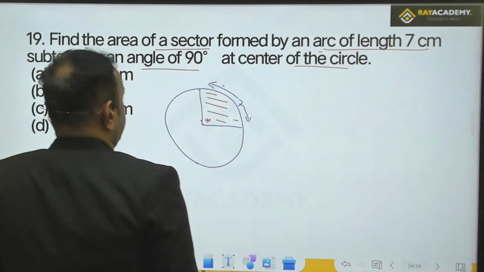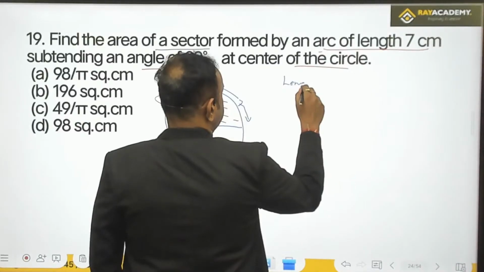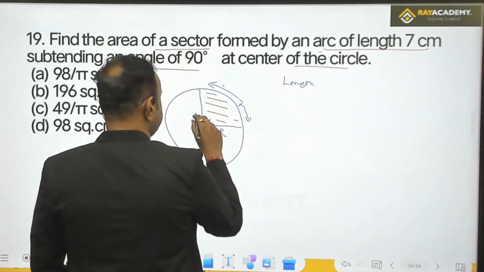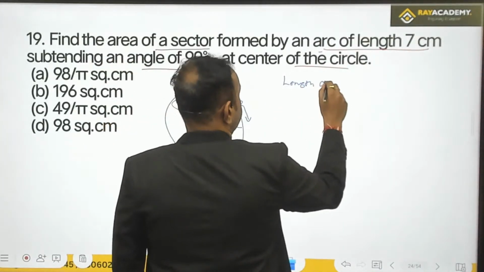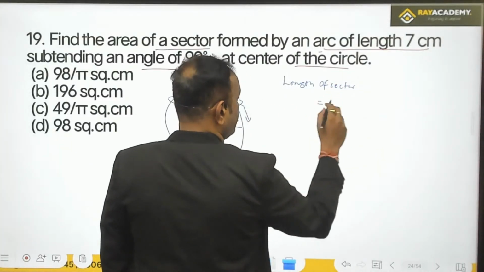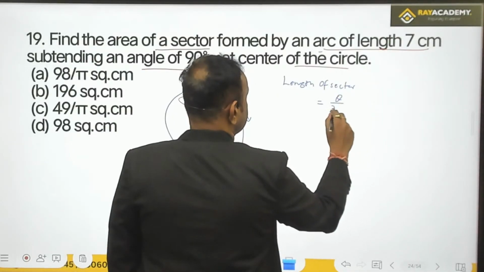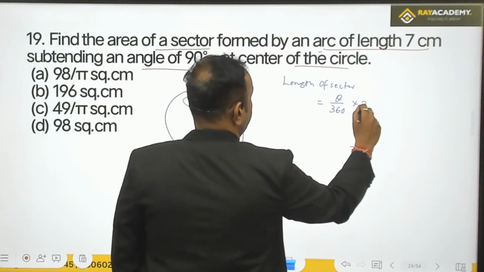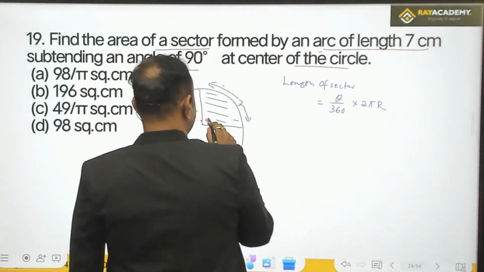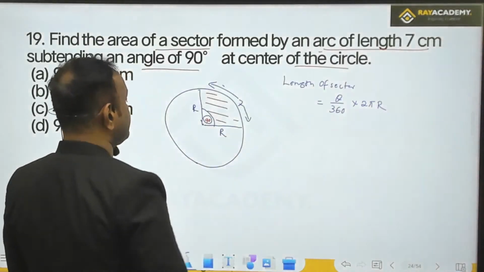First, the length of the sector formula. If the radius is r, the length of the arc, as we discussed when we discussed the formula, is theta by 360 into 2 pi r. Theta means this angle, the angle subtended by the arc at the center.